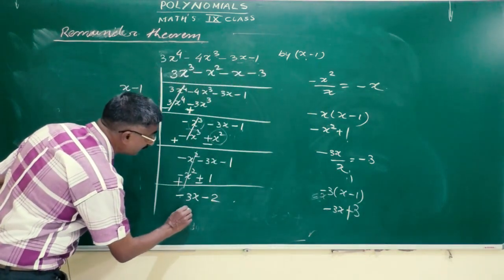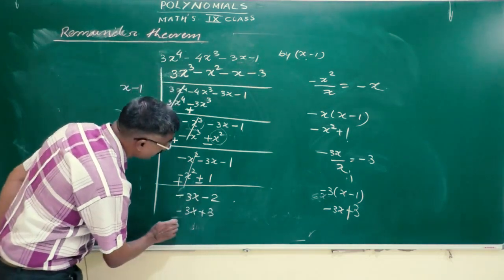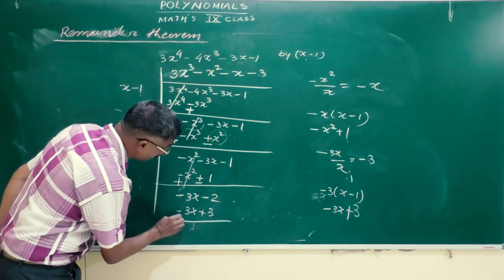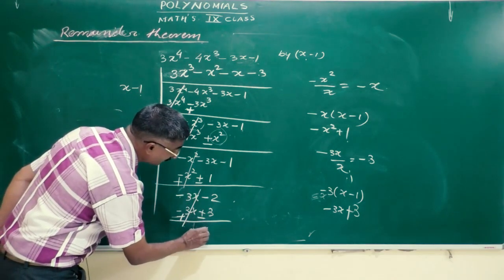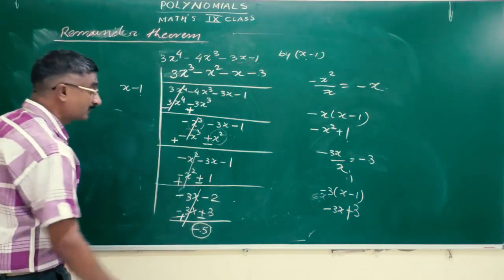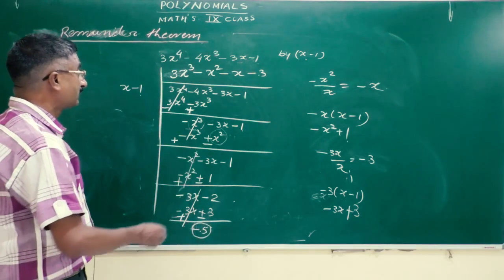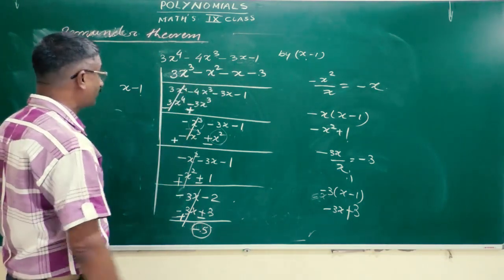So minus 3x plus 3. Minus plus, and this is minus, so this is cancelled, this is minus 5. So now remainder becomes minus 5. So the quotient is 3x cube minus x square minus x minus 3.